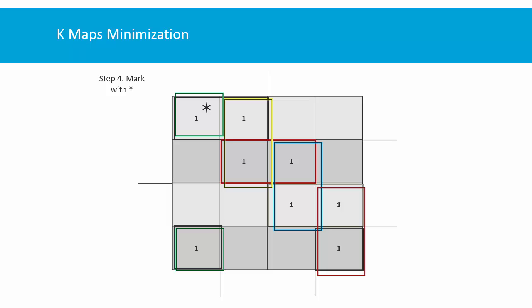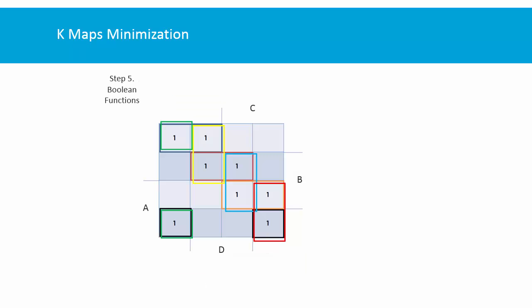So we have two groups grouping this one, so we don't put an asterisk here. And we do the same. We try to find any one in our map that is grouped by just one group. And of course, in this case, we're not going to find any. However, you have to do this. You have to try to find an asterisk in the solution.